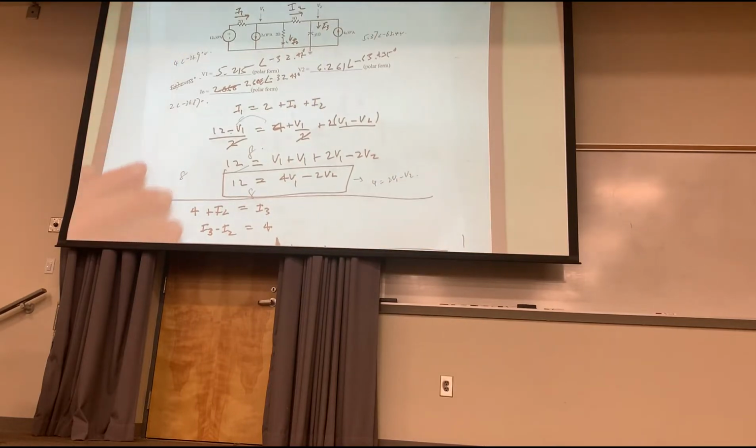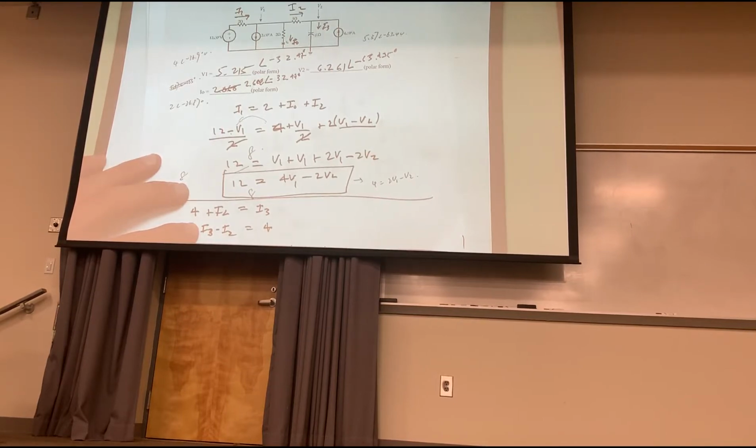So when I have that, I rearranged it and I took I3 minus I2 equal 4. So I look at this and I say that I3 here is going to be V2 over minus J1. I2 is going to be V1 minus V2 over 1, right here, equal to 4, that's that. And it's just some manipulation, you get this.